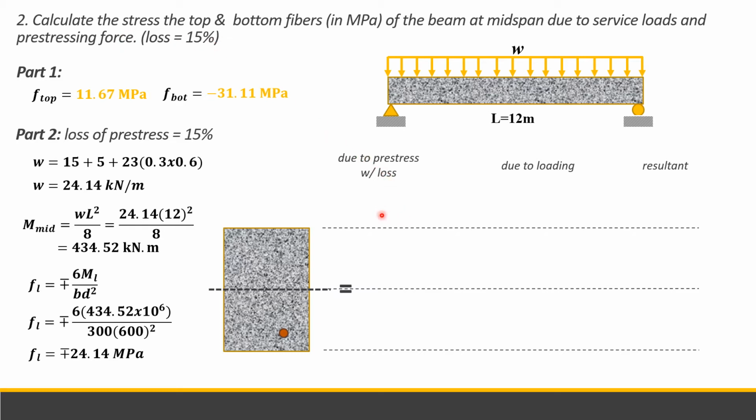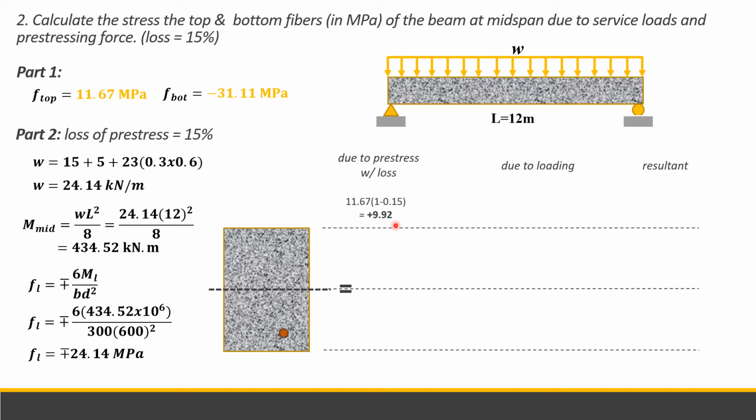Okay, so first is sa top fiber. So we have 11.67 due to pre-stress. But since we have a 15% loss, so we will multiply 1 minus 0.15 or directly multiply 0.85 para ma-reduce yung 11.67. So we have positive 9.92 megapascal, meaning that is in tension. So sa bottom naman, we have negative 31.11 minus 15%.